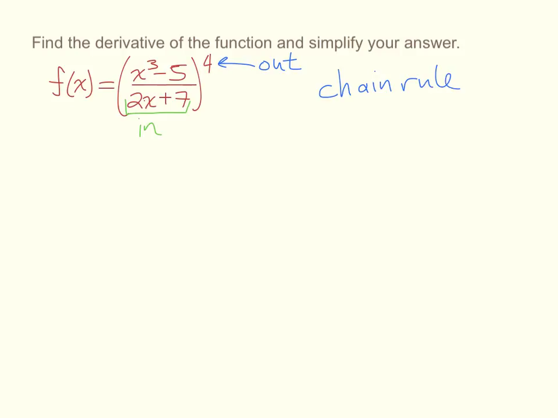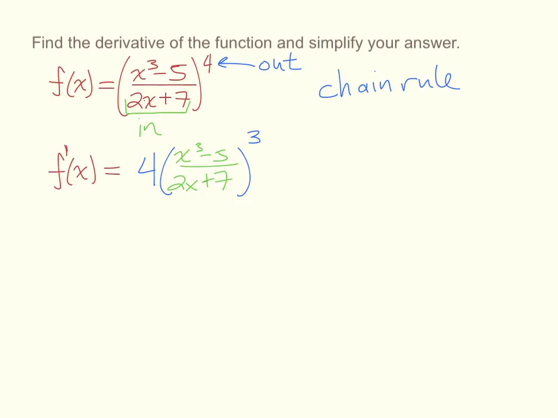So the chain rule states that in order for us to find the derivative, f prime of x, we need to take the derivative of the outside function. Since that's the fourth power, it'll be 4, move the exponent to the front, take one away from 4 to become a power of 3, and we'll leave the inside of that alone: x cubed minus 5 over 2x plus 7.